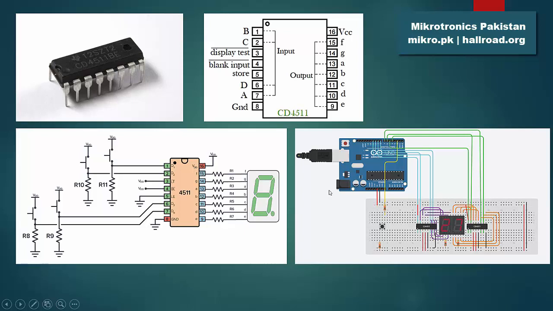You can do the computation within the microcontroller, your Arduino or your STM32 board or any board, and then use specific ICs like this 4511, or there are many others, to decode the number and set the various LEDs on and off to make the display.